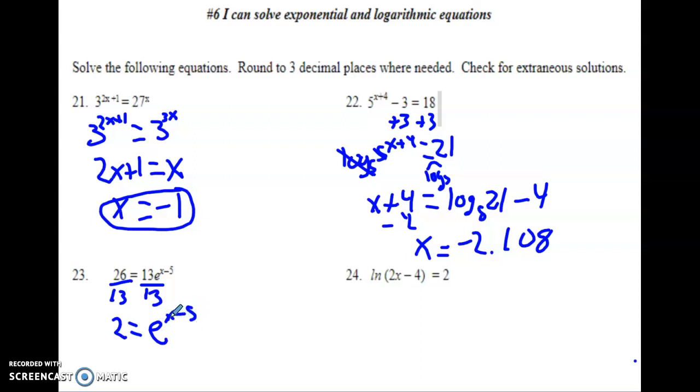The exponent's an x, so I want to get rid of this base e. And the way that I do that is by taking the natural log, because I want the natural log to cancel out that e. So I just have the natural log of 2 equals, the natural log of e cancels everything out, and I'm just left with x minus 5. Then I have to add a 5 to both sides.